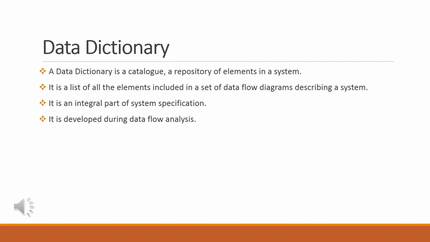All these things are described in the data dictionary, and it stores all the details, all the description about how the data is flowing in the entire system. What will be the source, what will be the process, where the data will go and store. All these things are maintained by the data dictionary.